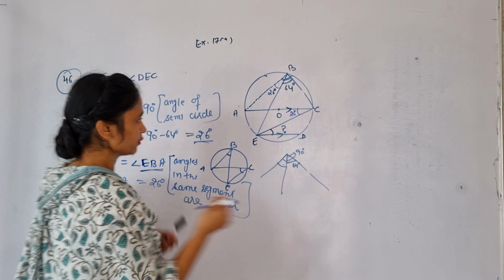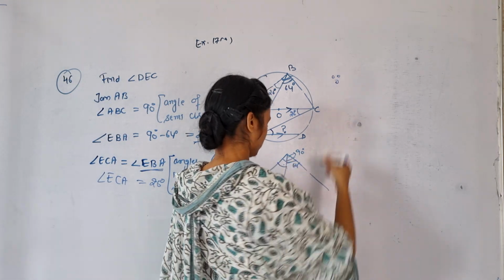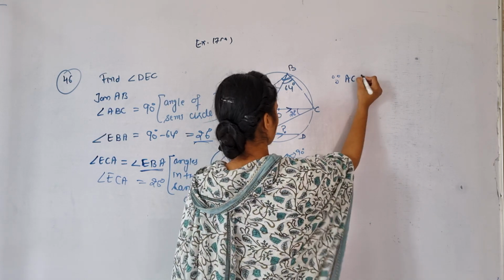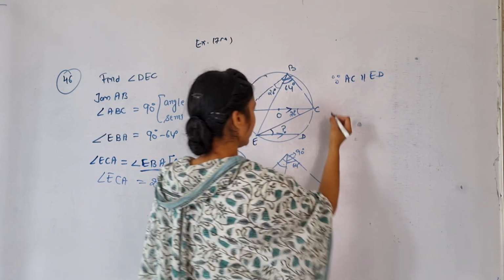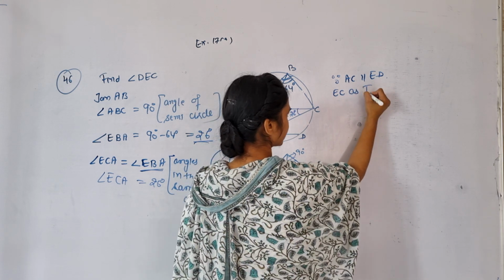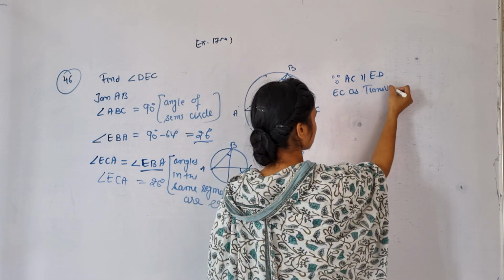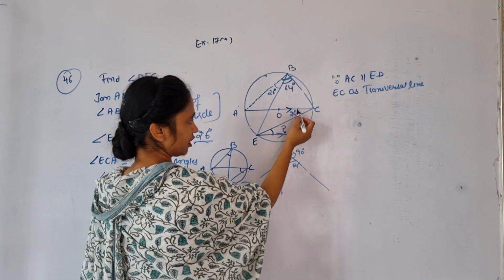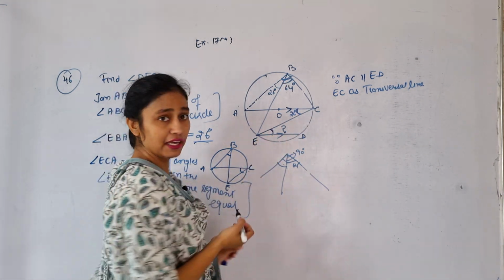Okay, now here we will write, because AC is parallel to ED, and we can take EC as a transversal line, then these two angles will be same. Why?